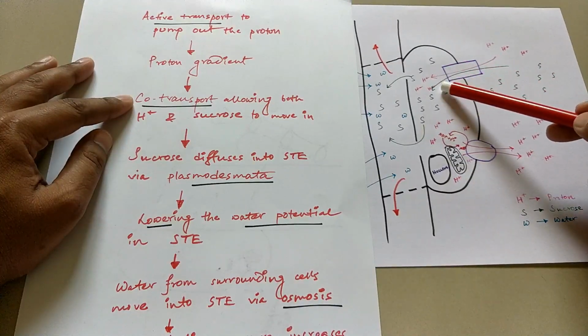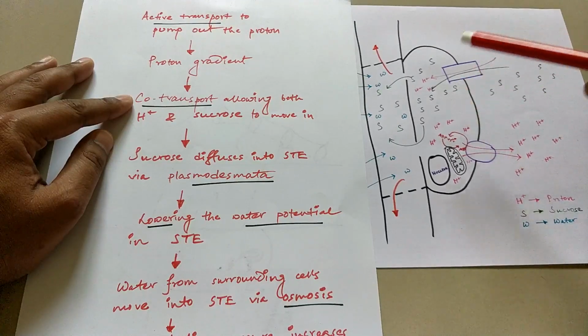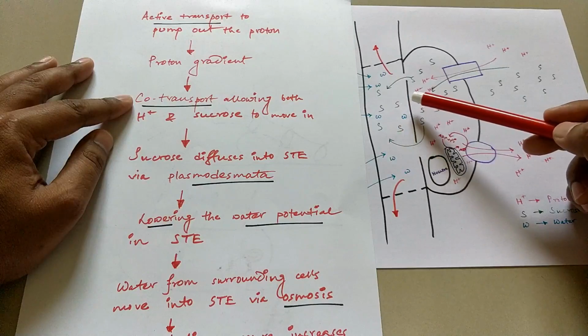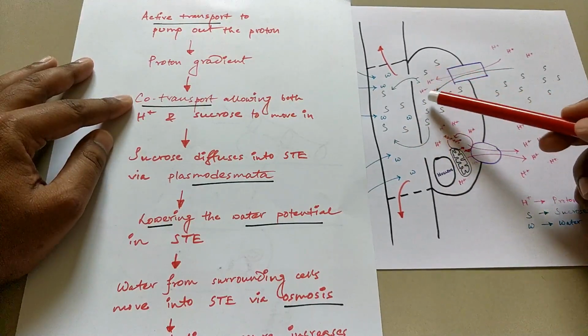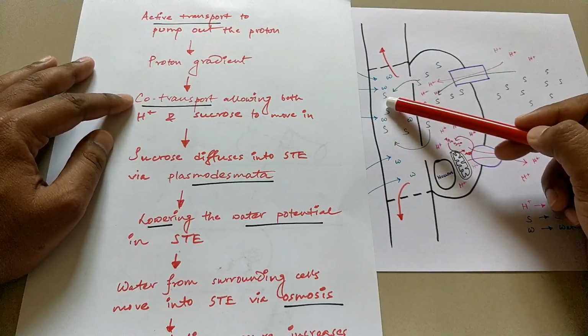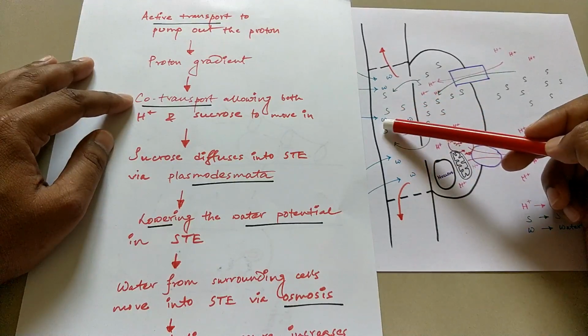The moment they get in down the concentration gradient, that will lead to, one more time, the formation of a diffusion gradient for the sucrose inside the companion cells and this sieve tube element. So more sucrose here than this.